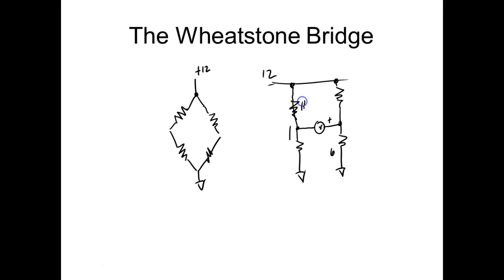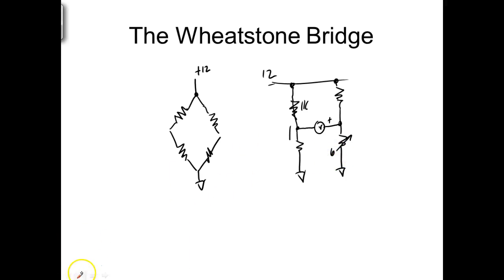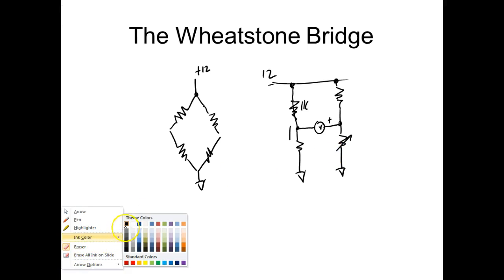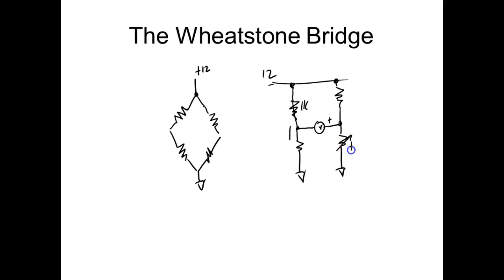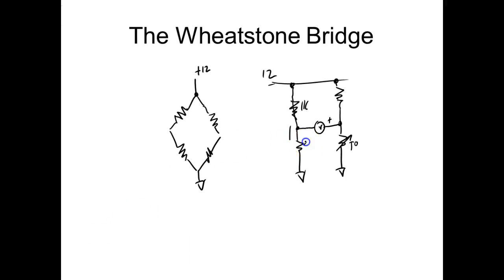So let's make this a 1K, and my rheostat, my temperature sensor is on this side. So this is my temperature sensor. That's my whatever it is, right? And then I'm gonna come on this side, and this is my adjust right here.